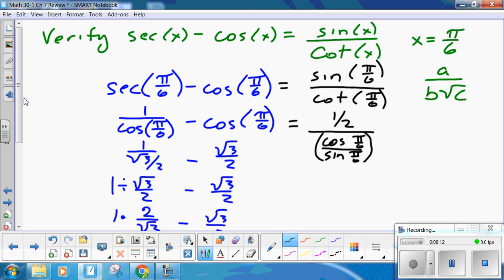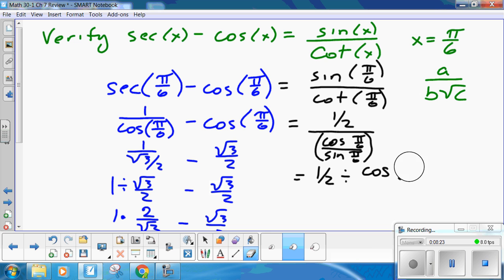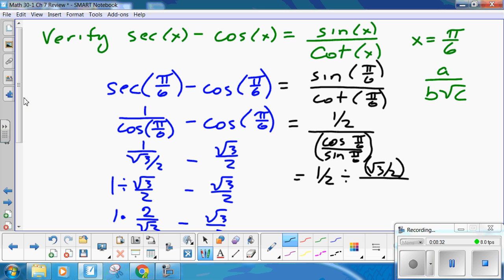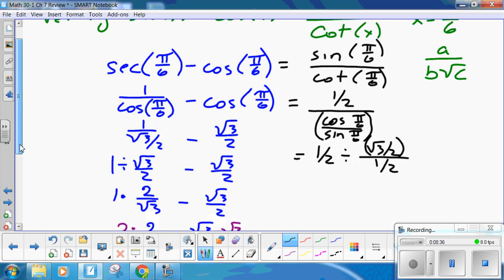Getting ahead of myself. Hang on. No, I know what cos of pi over 6 is. Cos of pi over 6 is root 3 over 2. Sine of pi over 6 is 1/2. So I might as well change over to my fractions now.